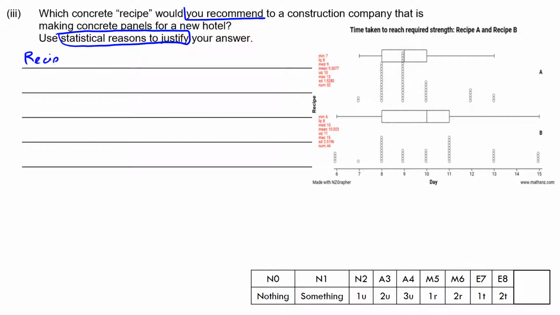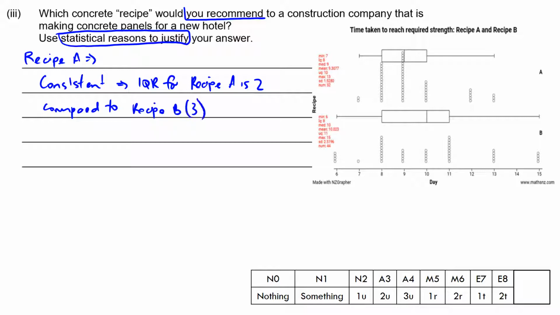Most people, if they were able to justify why, would actually justify recipe A. A few reasons. Recipe A is more consistent. Now what does more consistent mean? Well, the interquartile range for recipe A is 2 compared to recipe B, which is 3, but also the range.